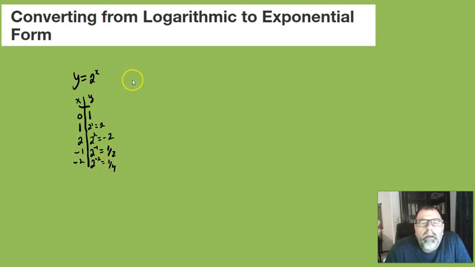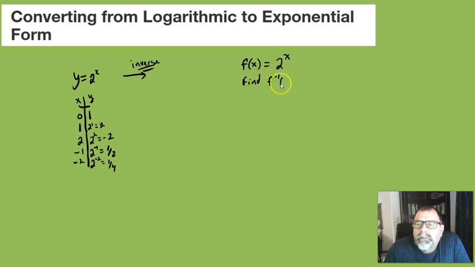Okay, and now we want to talk about the inverse. So if we go back and look at inverses, if we have f of x is equal to 2 to the x, and we want to find f inverse of x, we're going to switch the f of x to y, and then 2 to the x, and then you're going to switch your x and y's.